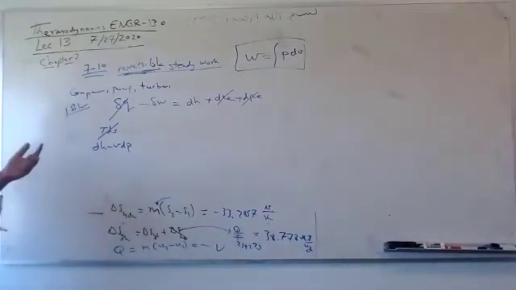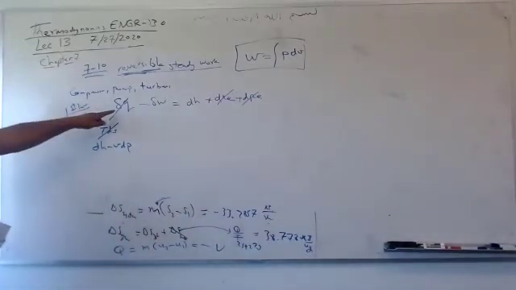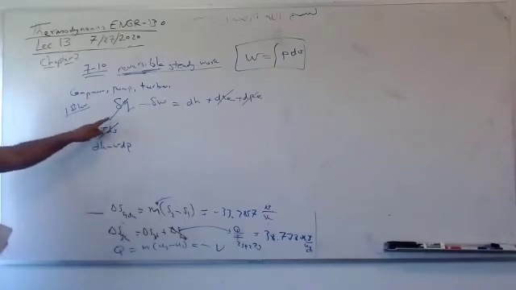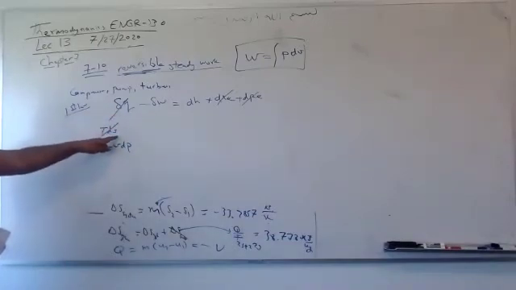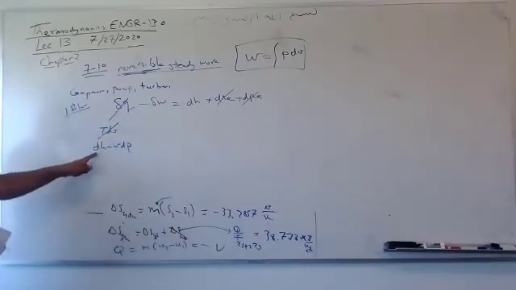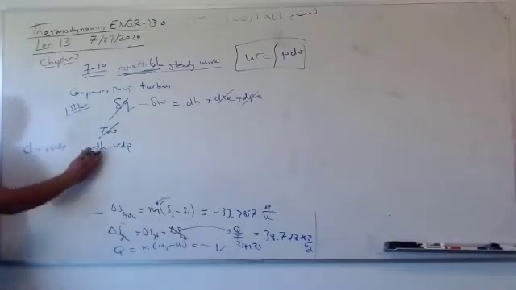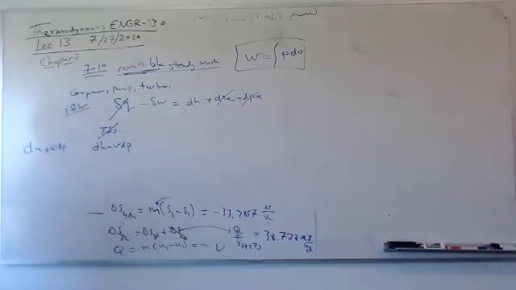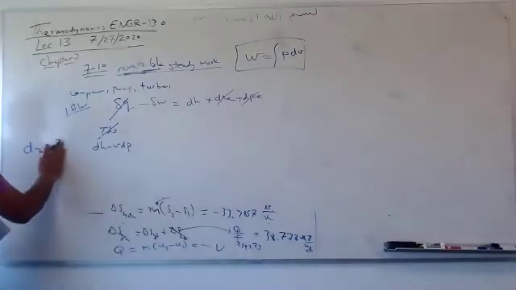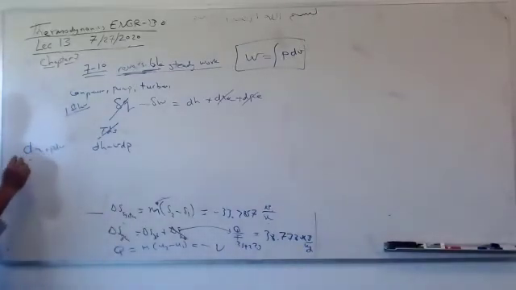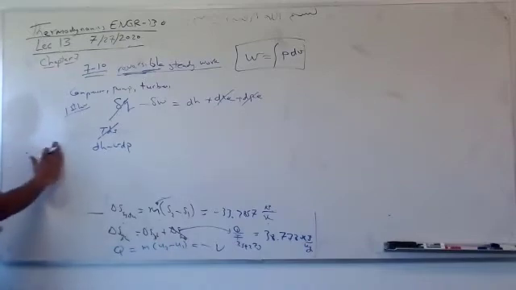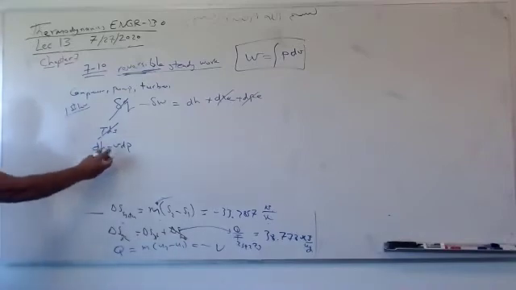If you go back to the previous part of the lecture, we said delta Q is T delta S, which is dH minus VdP. We have two formulas, either dU plus PdV, or dH minus VdP. Remember this, guys? Go to the earlier lecture and look at this part.